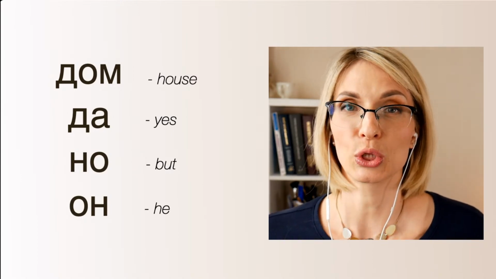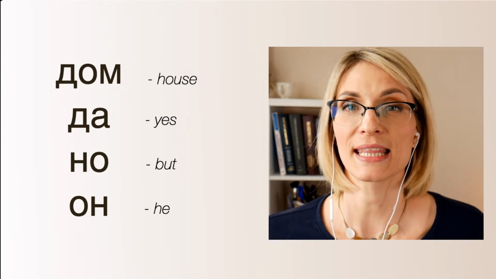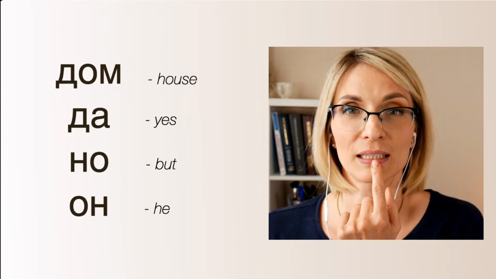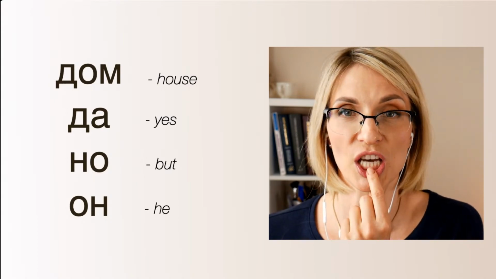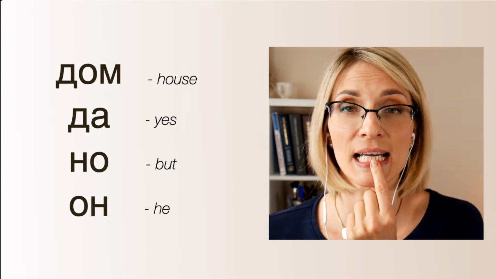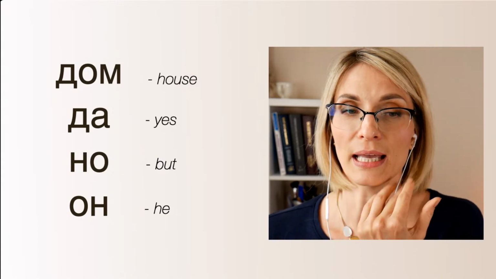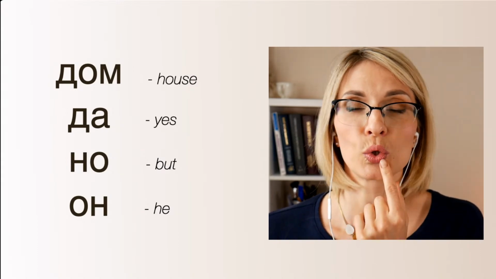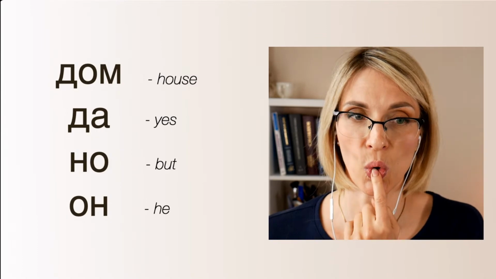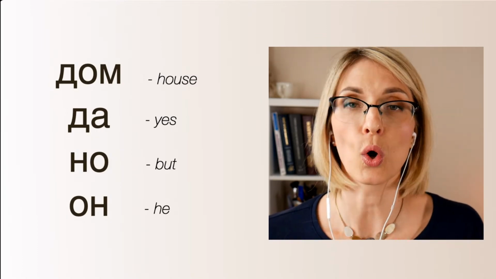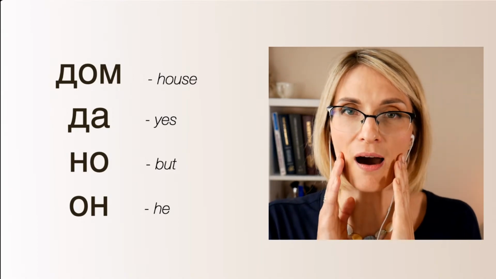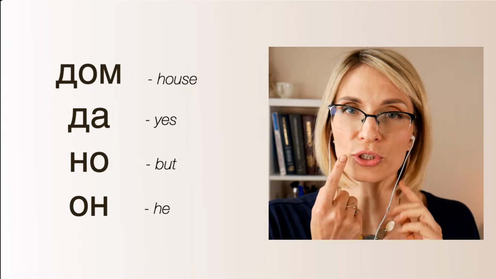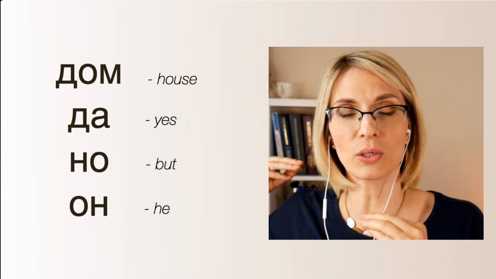Dom. Dom. Da. Watch out for your tongue to be right here. Da. It's not da, but da. And open A sound. No. O, round O. On. So it's not on. Make sure you protrude your lips and pull your tongue a bit away.